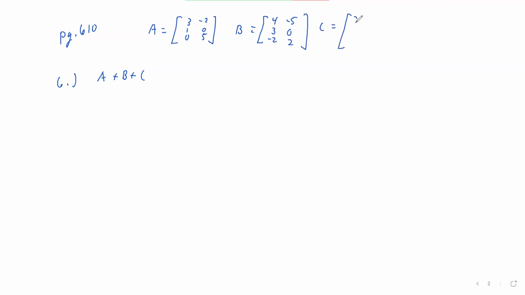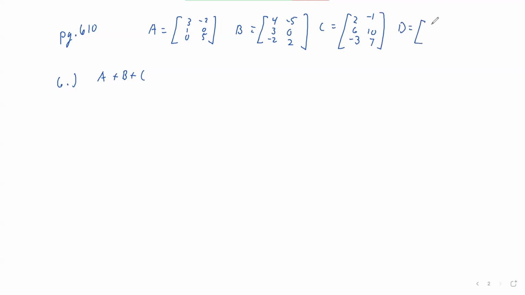Problem number 6 says A plus B plus C if possible. And we are told that A is equal to 3, 1, 0, negative 2, 0, 5. B is 4, 3, negative 2, negative 5, 0, 2. C is 2, 6, negative 3, negative 1, 10, 7.